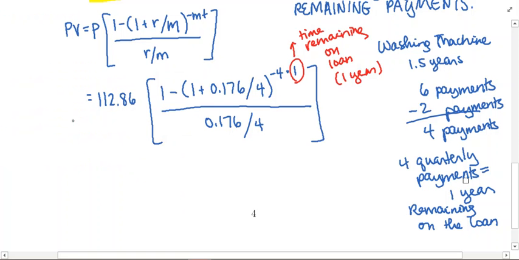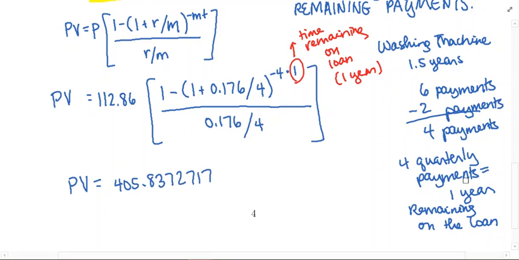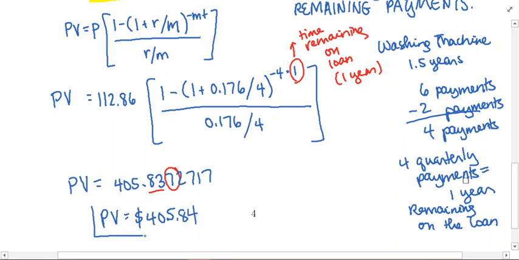The present value, what you still owe, is 405.83772717 out of the calculator. You've got 83 cents, there's a 7 that comes after, so you need to bump that up to $405.84. That's what you would pay to settle your debt.